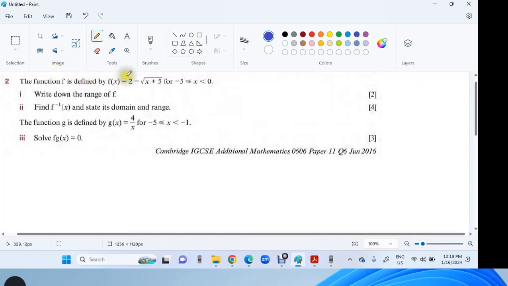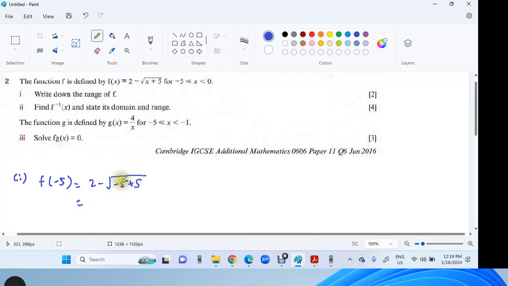The function f is defined by f(x) = 2 minus square root of (x plus 5), for x between negative 5 and 0. Write down the range of f. Okay, so for this one, f of negative 5 is 2 minus square root of (negative 5 plus 5).